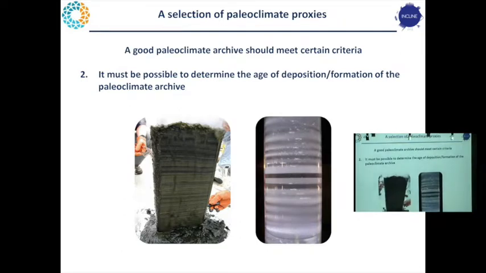Right. So the list of proxies I showed to you so far is far from being complete. There is a myriad of proxies, depending on your interest, depending on the material you are working with. Say you are working with ice cores. I gave one example, the chemical composition of the bubbles. But there are many other proxies you could apply there.